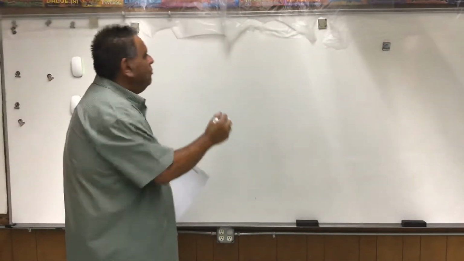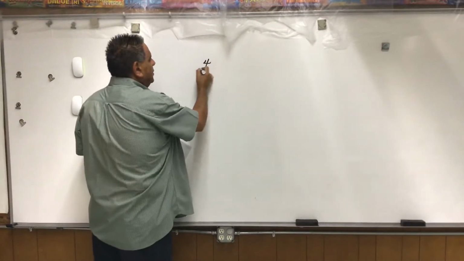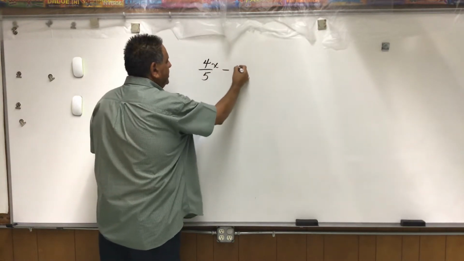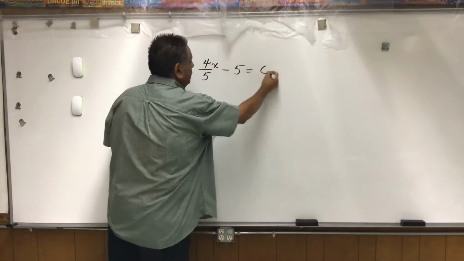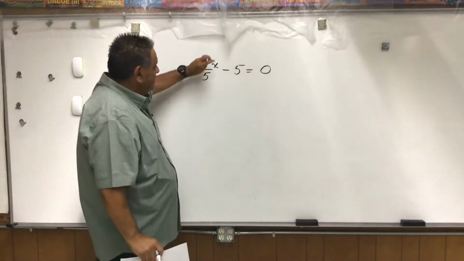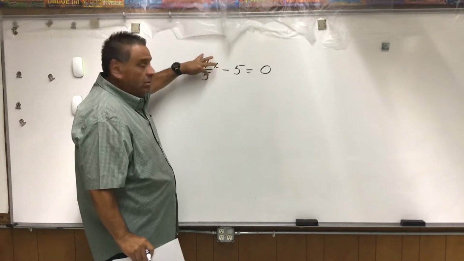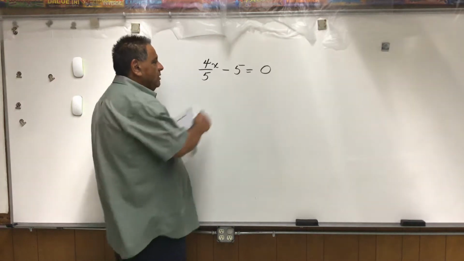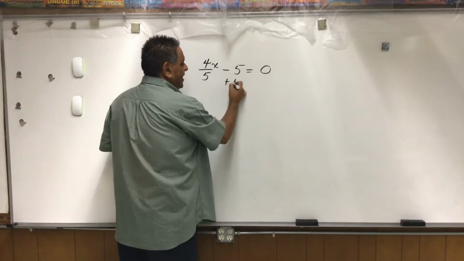So let's say we have a problem such as 4/5 x minus 5 equals 0, something like that. Our first attempt here is to isolate the portion with the coefficient and the variable. So I'm going to move this 5 over by adding 5 to both sides.